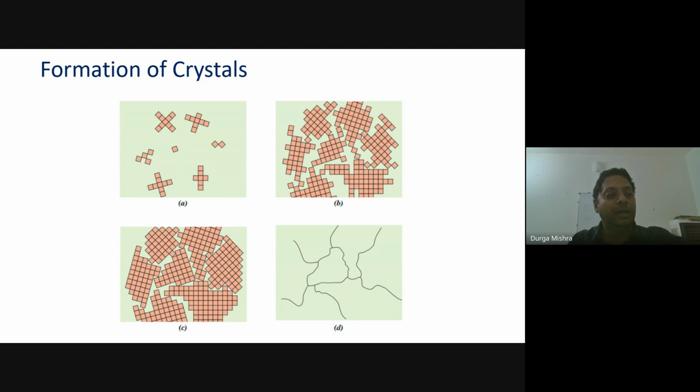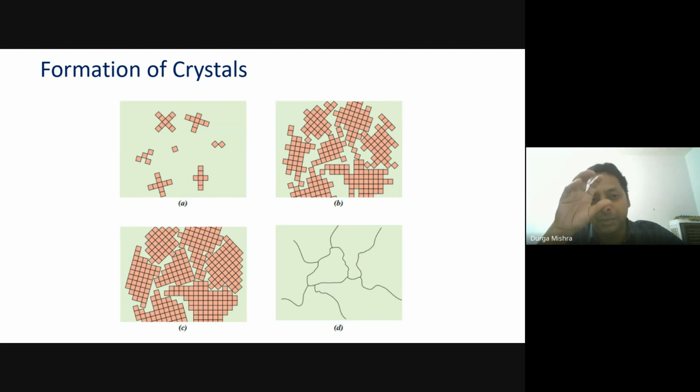I'll just briefly discuss this, and then we will discuss it in detail in tomorrow's class. So we have crystals, we said. How do these crystals actually form? This is also interesting because it is a part of processing.